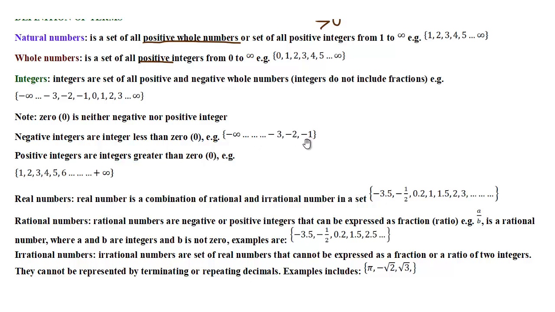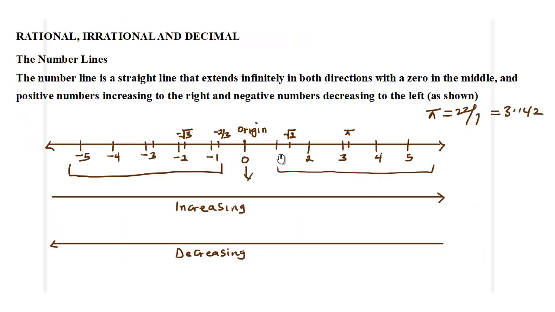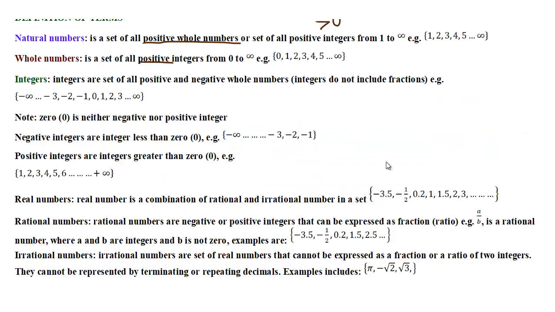So the highest negative integer you can have is -1. Then positive integers are integers greater than 0, as we have it on the number line here. So all of these are positive integers, and these are negative integers. So negative integers are whole numbers less than 0, and positive integers are whole numbers greater than 0.